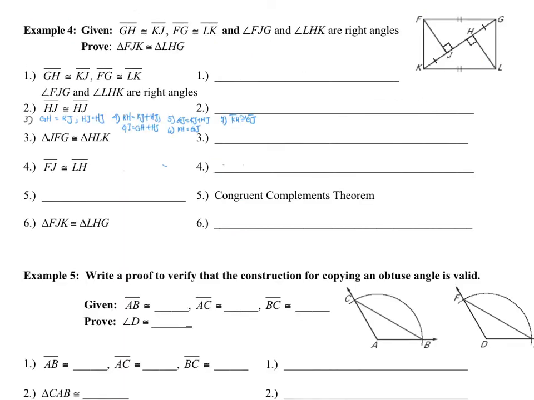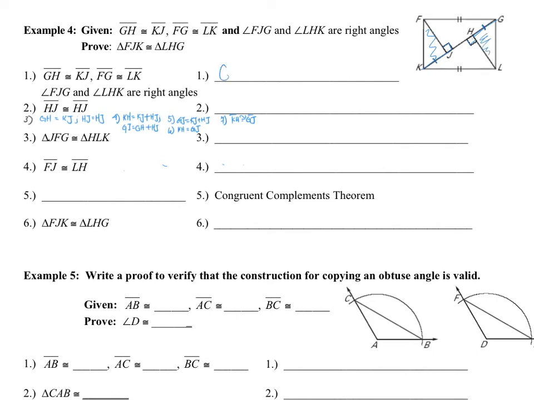Example 4. Given that GH is congruent to KJ, and that angle FJG and angle LHK are right angles, and we want to prove that triangle FJK, so this one, is congruent to triangle LHG, this one.